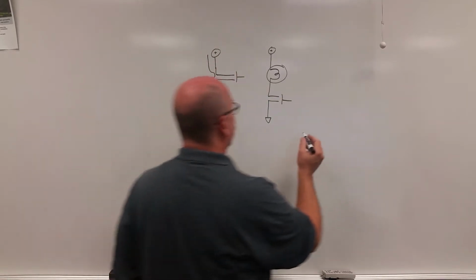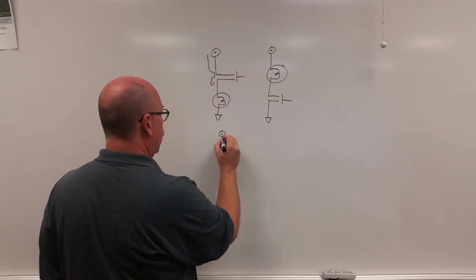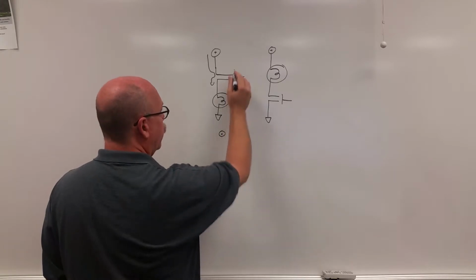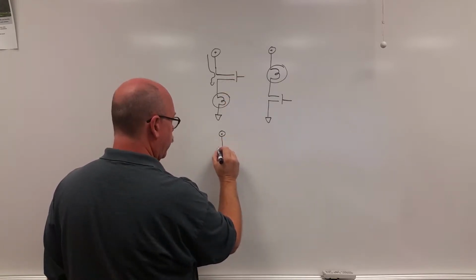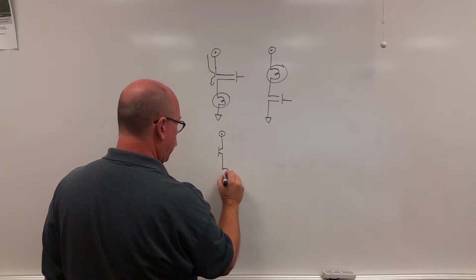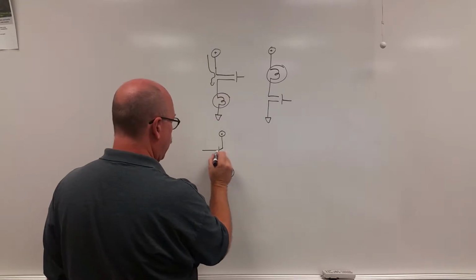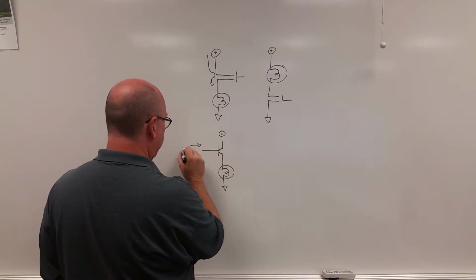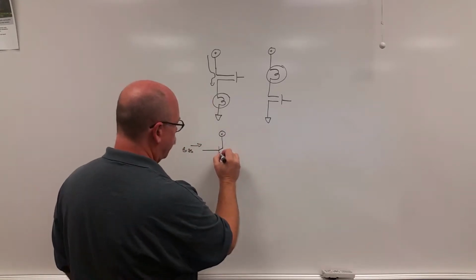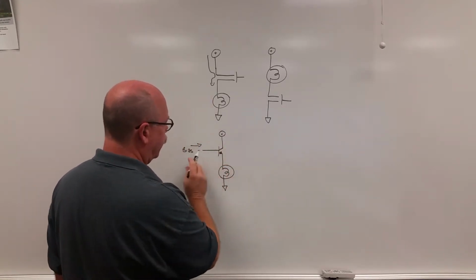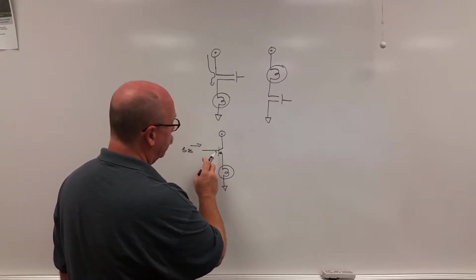However, for an instance like this, if I use my control point to be a transistor, I'm just going to say bias. So at this point, what has to happen is I have to apply a bias current to the transistor.